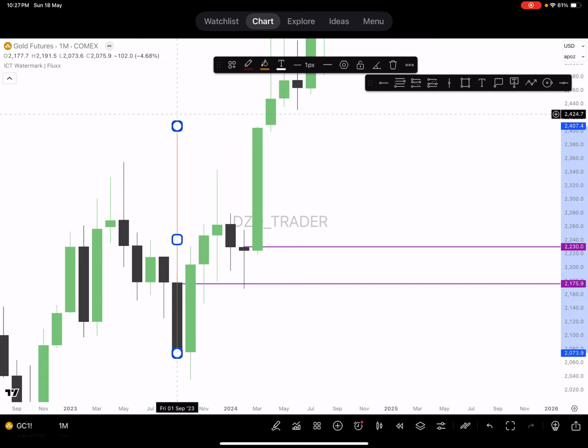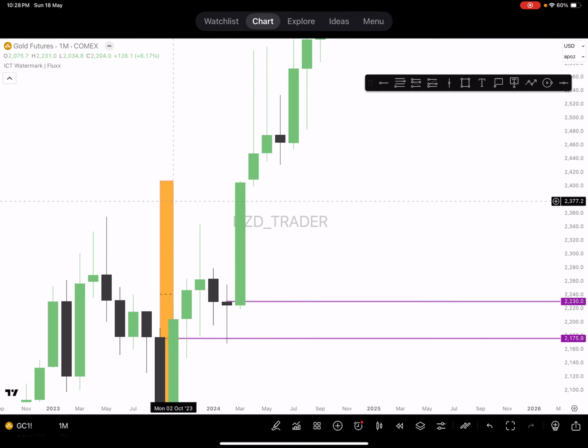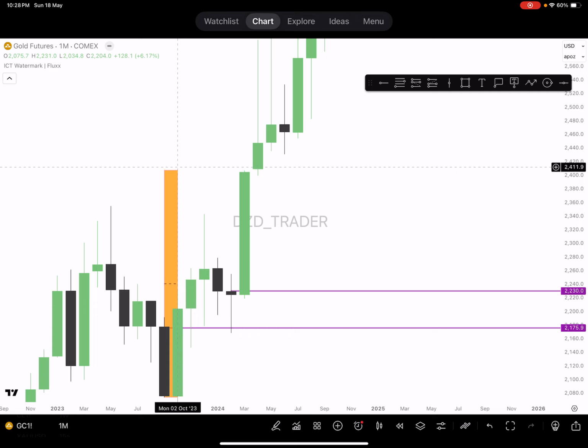So at the high of this candle, we can close our trade and be satisfied with it. This high is already 2077 up to 2400. That's quite insane profit if you're a swing trader looking at the monthly charts.